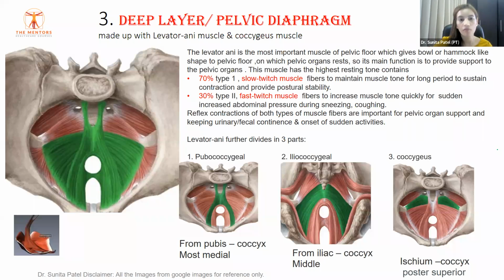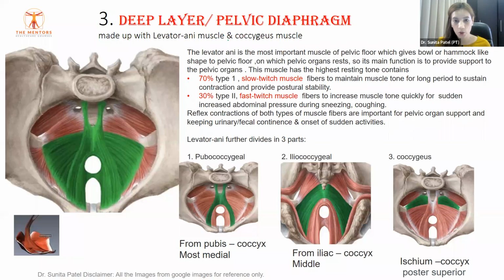The deeper layer of the pelvic floor. The deep layer, which we also call the levator ani muscle. And this is the one layer which is giving a bowl shape, hammock shape. Okay, that kind of shape is given by this muscle.